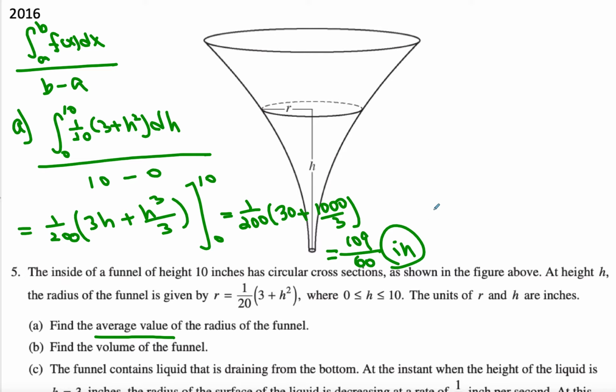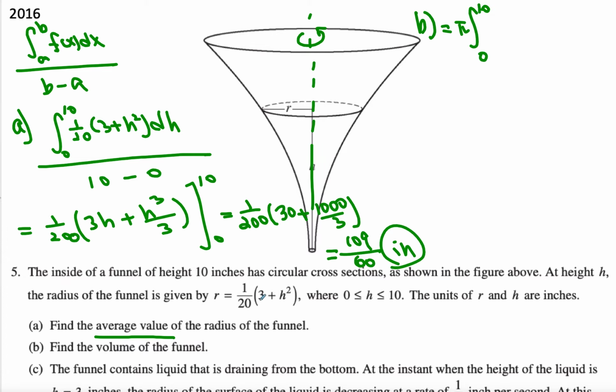They want you to find the volume. But how do you find the volume? Wait a minute, we've only been doing rotations. That's right. Imagine this is the y-axis, and this is a graph that turns around it, the axis of rotation. Then the volume is pi times the integral from 0 through 10.